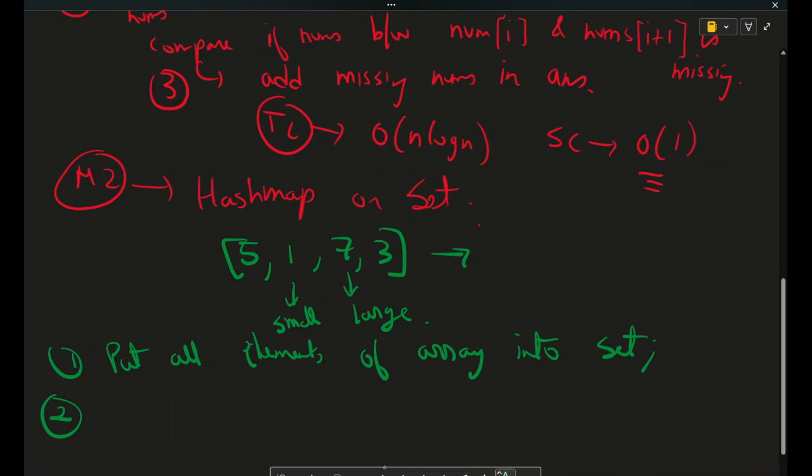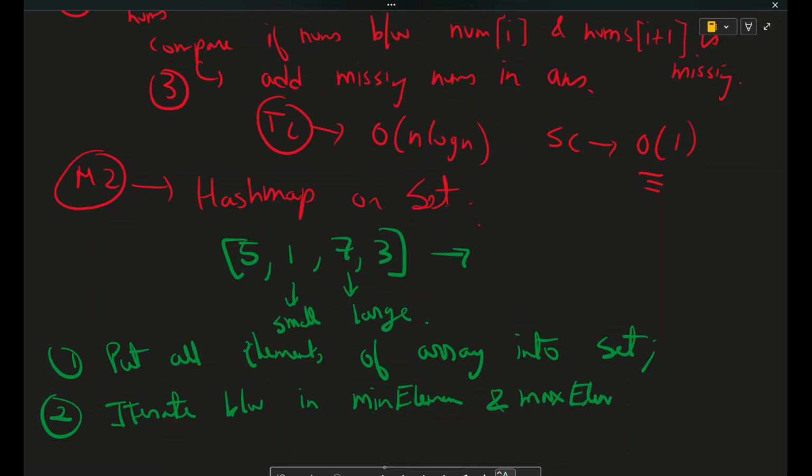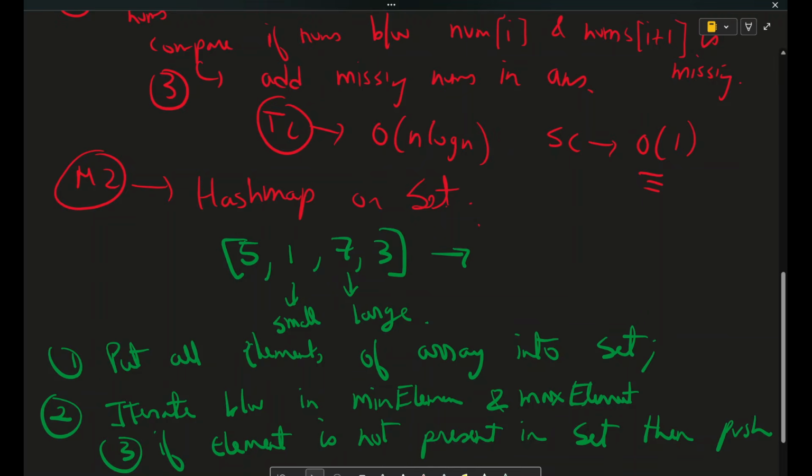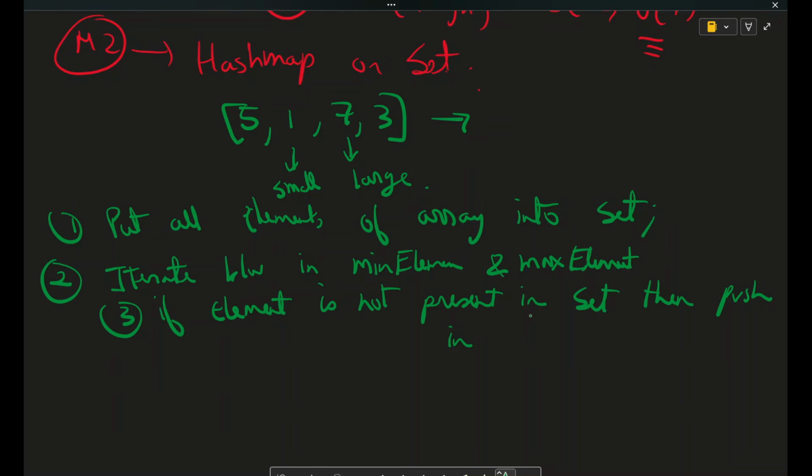Thereafter iterate between the smallest, the minimum element, and the maximum element, and side by side, if an element is not present in the set, then push it in our resultant array.